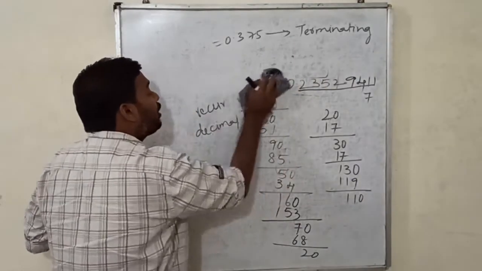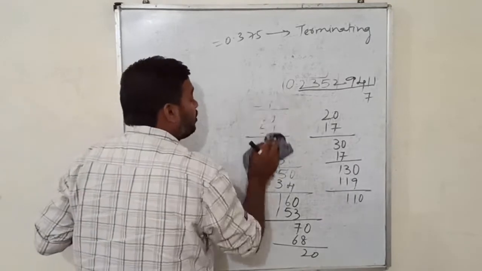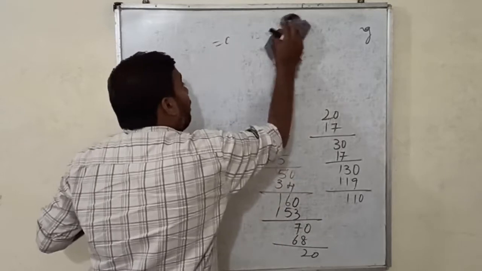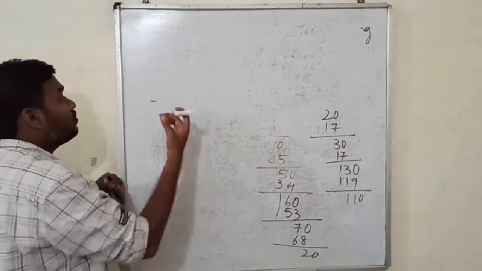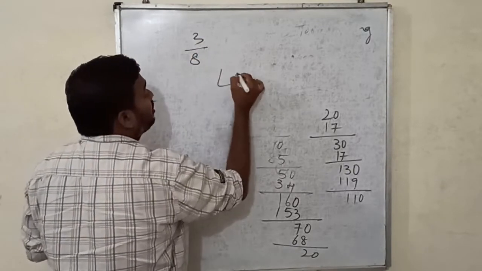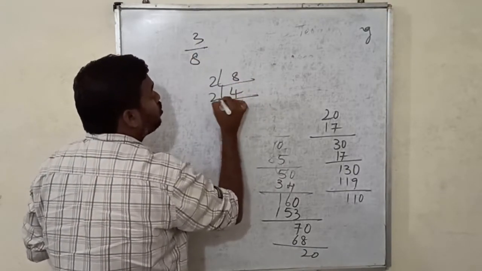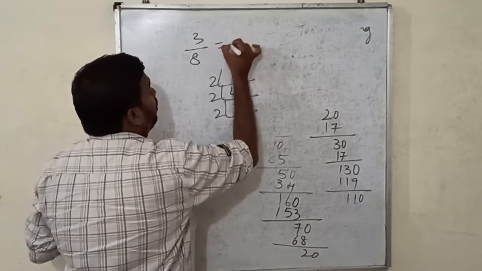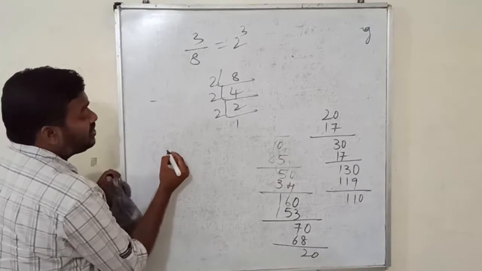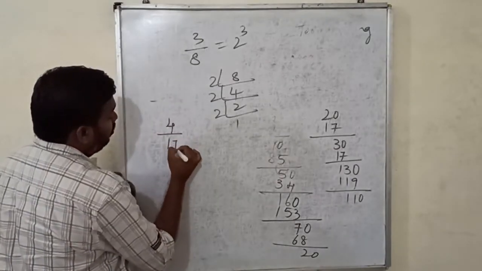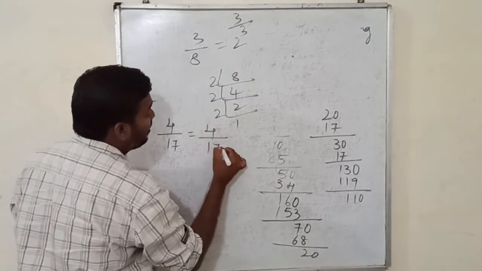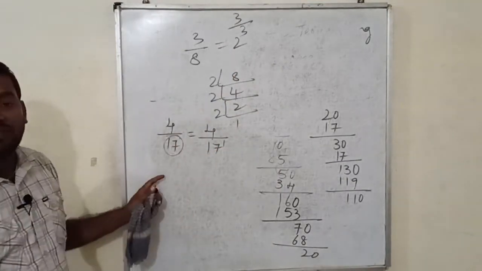We have to go for the prime factorization of the denominator, which we have discussed in the earlier classes. Take 8 here: that is 2 4s, 2 2s, 2 1s, that is 2 cube. In this case the prime factorization of the denominator is 17 power 1, because 17 is a prime number.